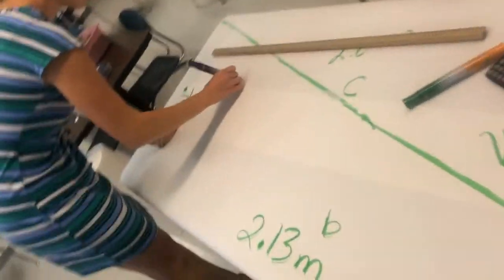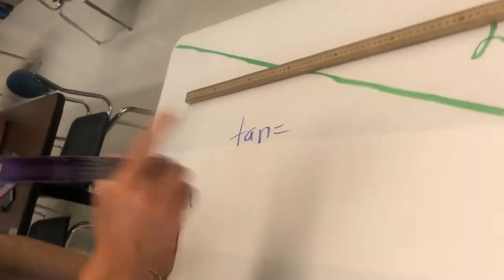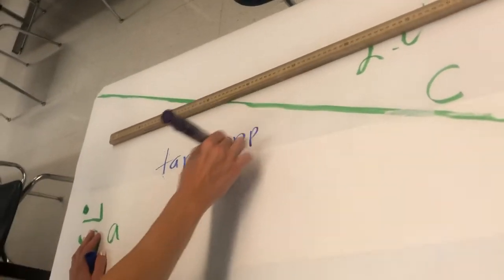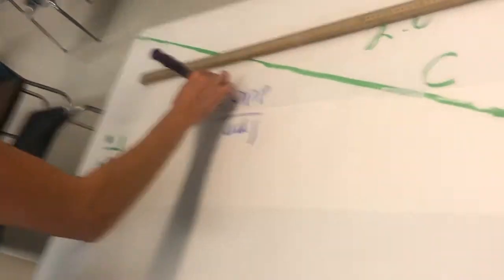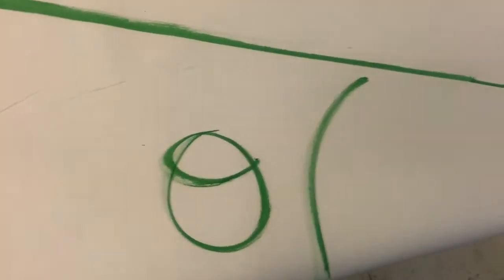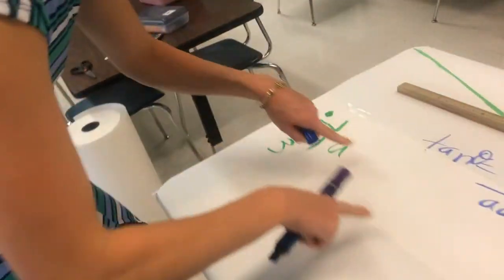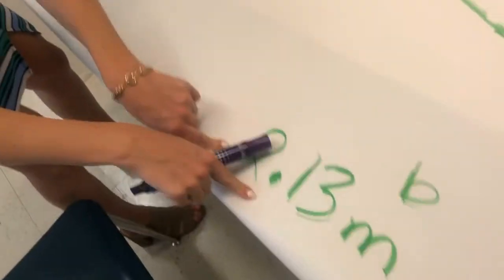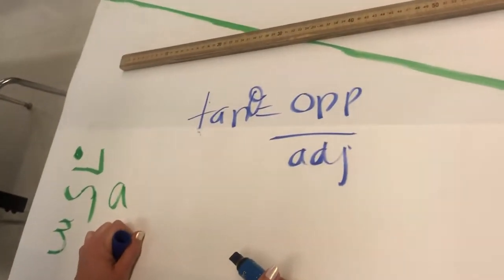So we know that the tangent equals the opposite over the adjacent, right? Yep. So if this is the angle, the opposite is that one over there. But we don't want the tangent of the angle, we want the angle.